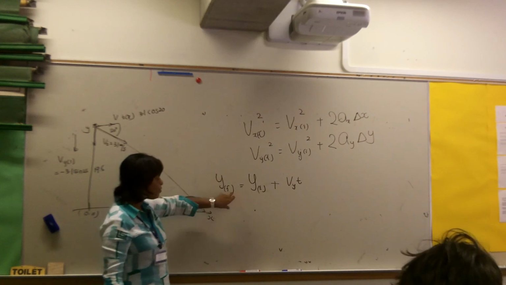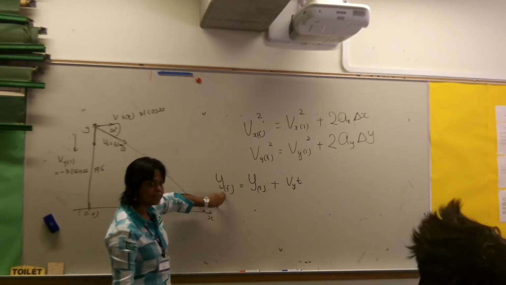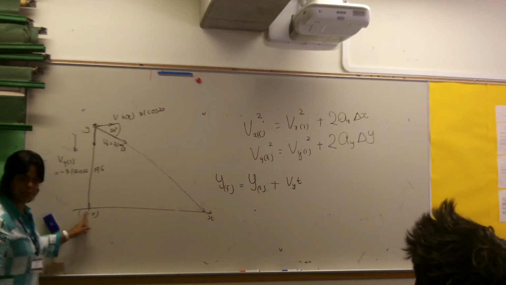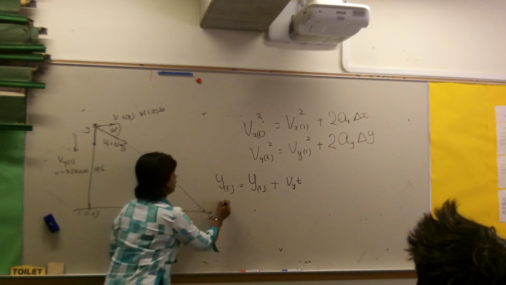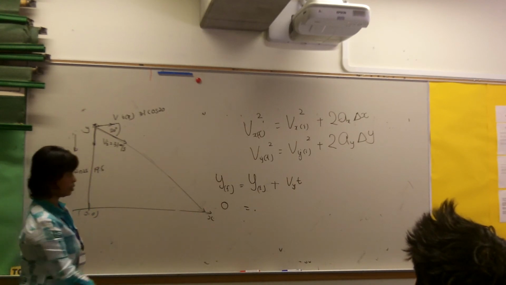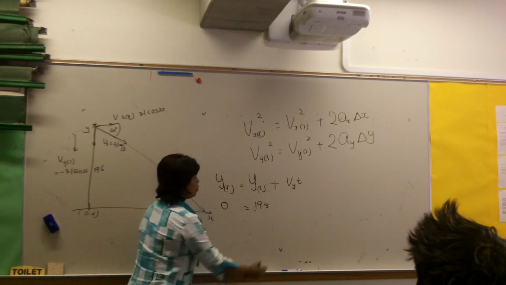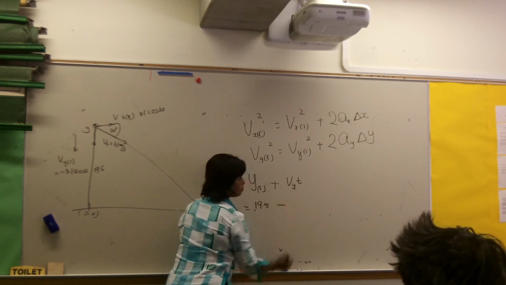So what is y final here? 0 here, right? What is y initial? 19.5. What about Vy?